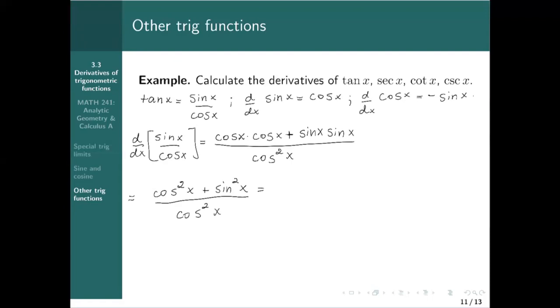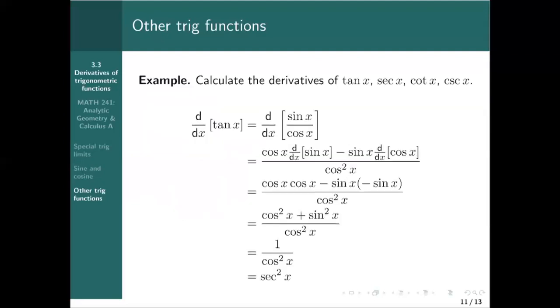Sine square of x plus cosine square of x is equal to 1. That's one of the reasons why trigonometric identities are so important. So we have 1 over cosine square of x, and that by definition is equal to secant squared of x. So we found the derivative of tangent is equal to secant square of x. And that's what we have in this slide.